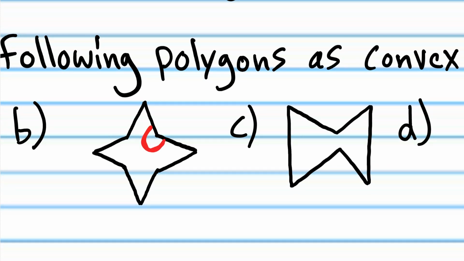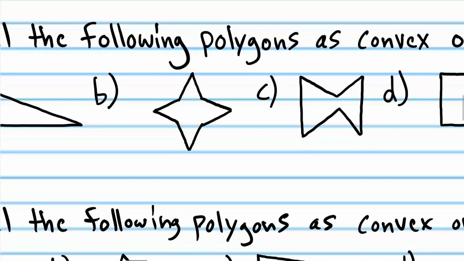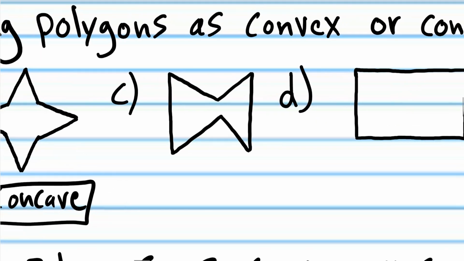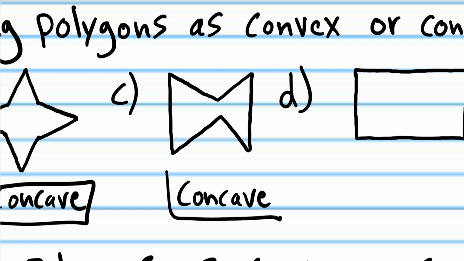That looks like it's about 135, or excuse me, 100. That would be about 220 degrees. So that's a concave polygon. And here again, this angle looks like it would be about 270 degrees, somewhere around there. So that's a concave polygon.